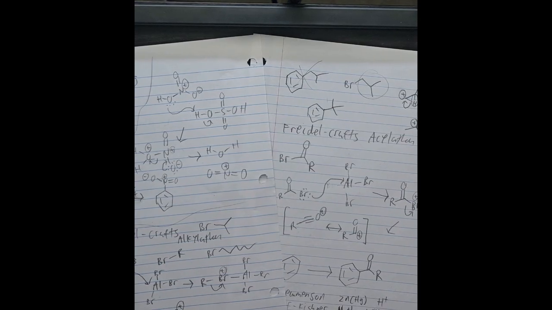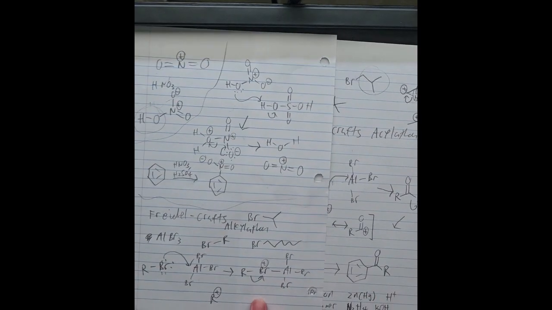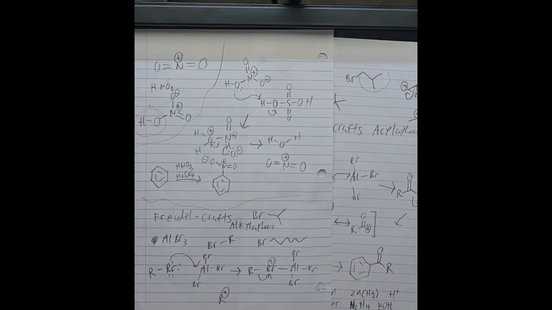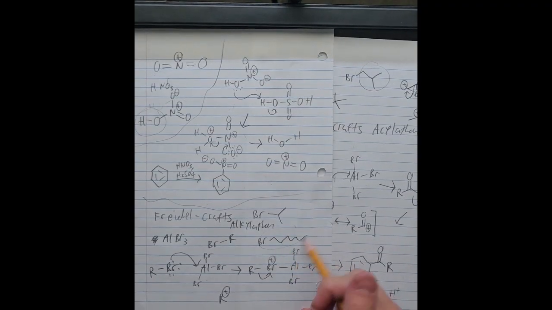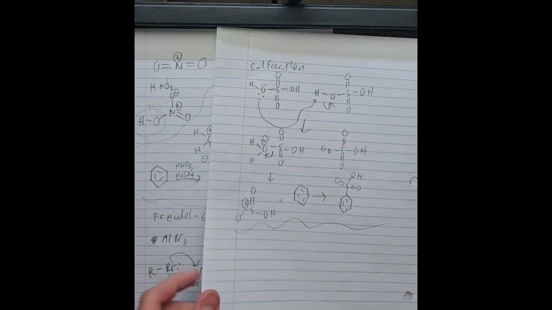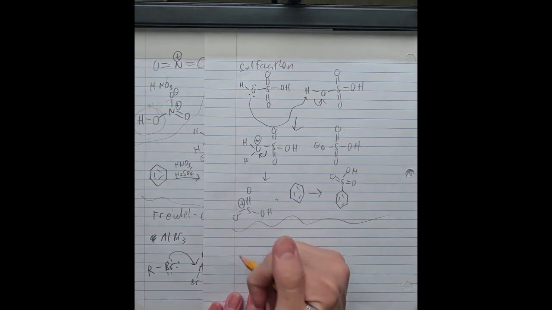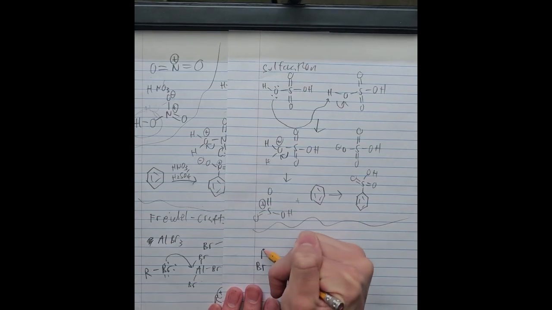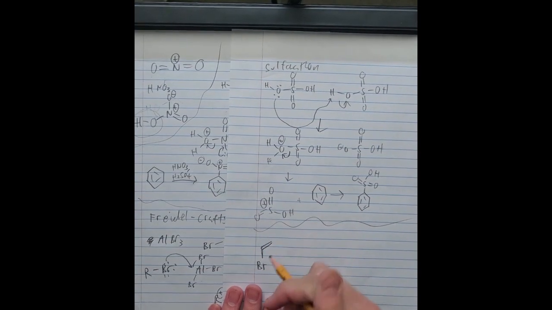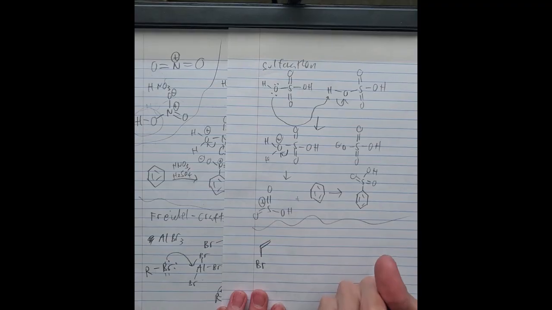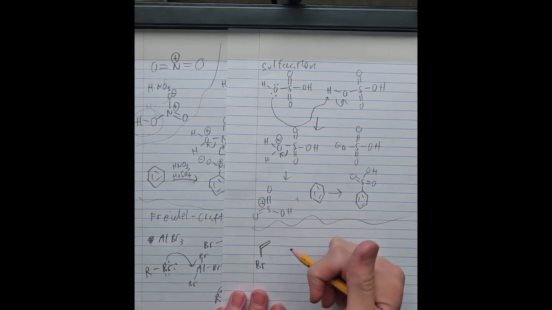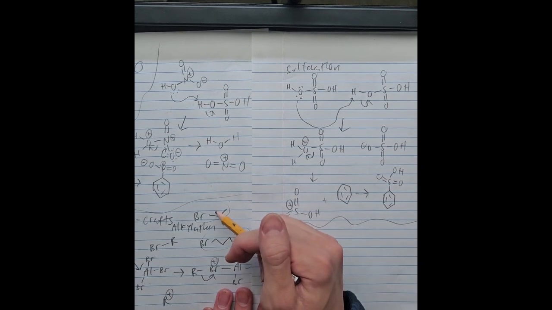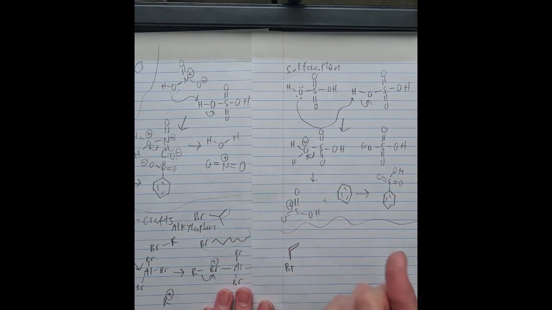Hi, future me again. One thing I forgot to mention about the Friedel-Crafts alkylation is that it only works for alkyl groups, like that or that. It does not work for anything else. Say if you had something like this with a double bond there, it doesn't work. What I mean to say is it needs to be an sp3 carbon right there.